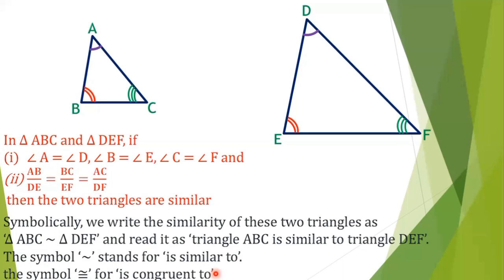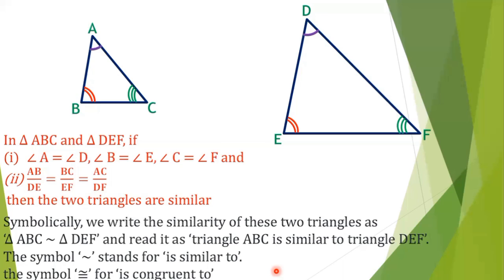Now the question arises. To check the similarity of two triangles, should we always look for all the corresponding parts? Means, should we always check for all the corresponding angles and the ratio of all the corresponding sides? Is it necessary to check all the 6 corresponding parts? Let us examine now.